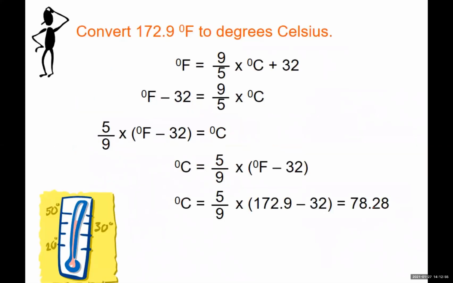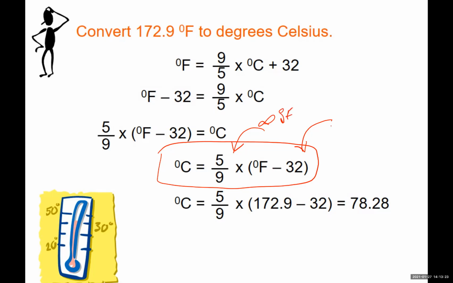All right. If I ask you to convert 172.9 Fahrenheit to degrees Celsius, this was the formula. The formula is showing that this is exact, coming from a formula, with infinite significant figures.